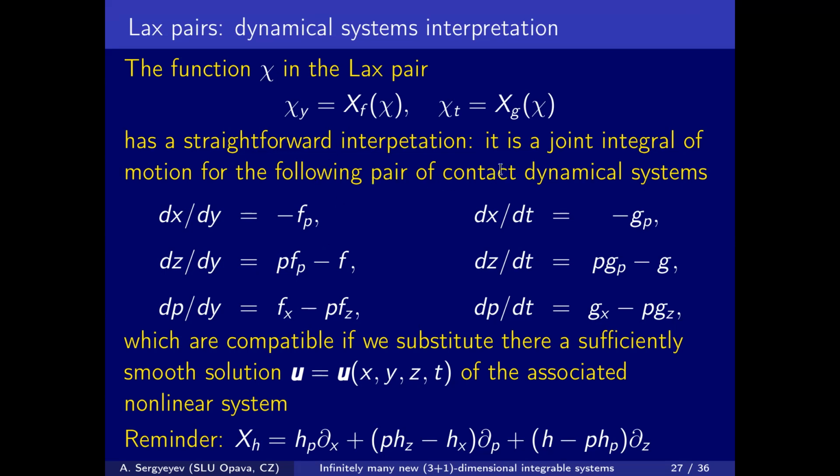If we fix a certain smooth solution of our associated nonlinear system, then the function chi can be interpreted as a joint integral of motion for the following pair of contact dynamical systems.